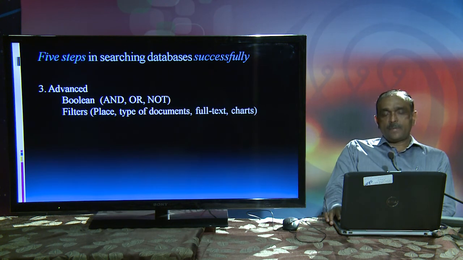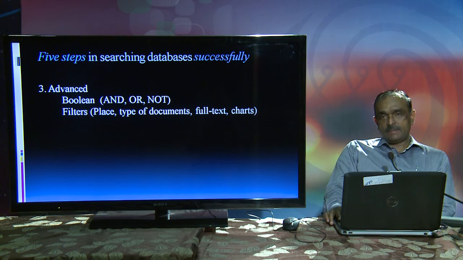Apart from Boolean operators, as a part of advanced search strategies, many databases enable you to apply a number of filters so as to enhance the precision of the documents that have been retrieved. For example, whatever literature is retrieved as a response to your query, you can apply filters such as place.